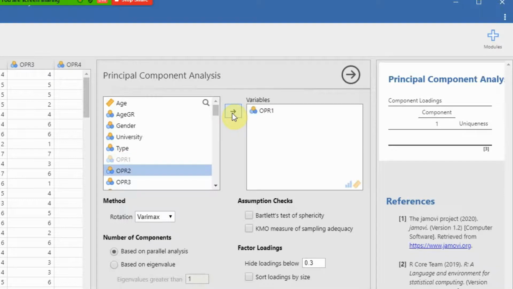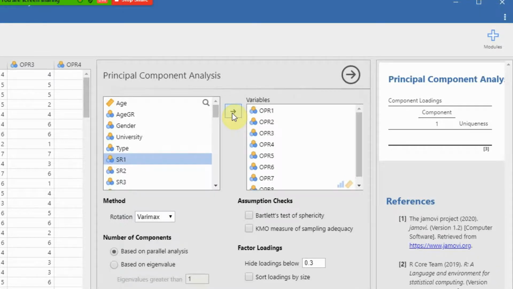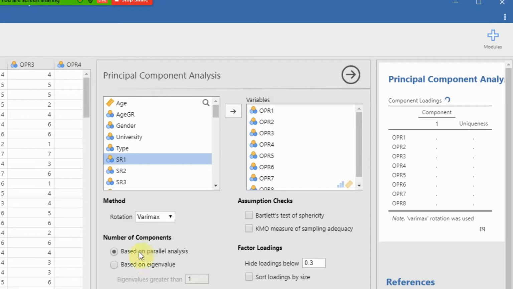So let's start with these items. OPR, operational responsibility, it has got 8 items. Then the next was stakeholder responsibility, and this one had another 6 items. Then legal responsibilities, another 8 items. Ethical responsibilities, another 12 items.